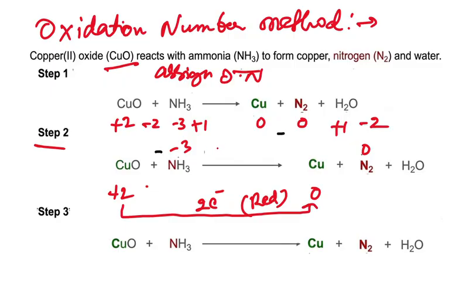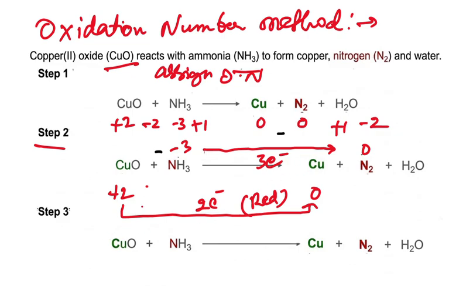So nitrogen is getting oxidized, changing the oxidation number from -3 to 0. Here, if you observe, -3 to 0, what is the electron difference? 3 electrons. Losing 3 electrons.